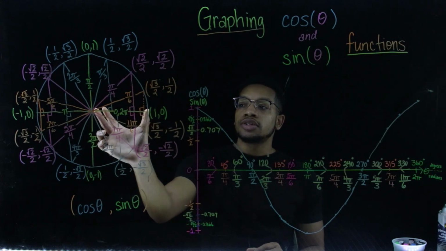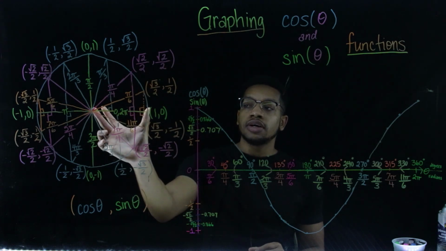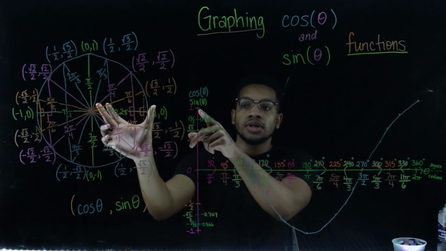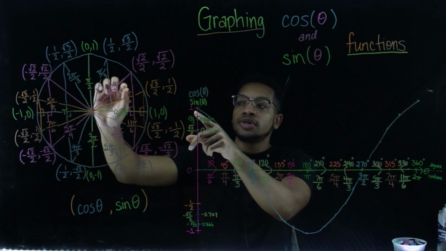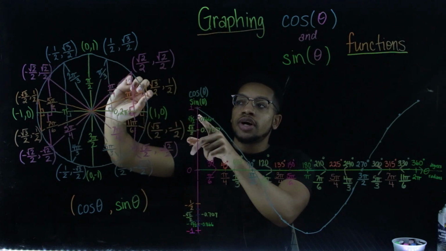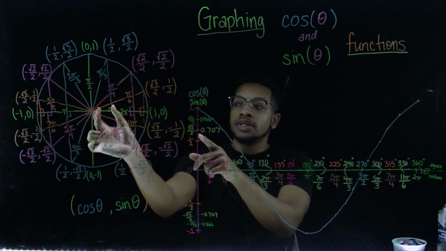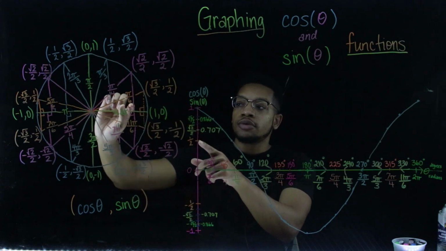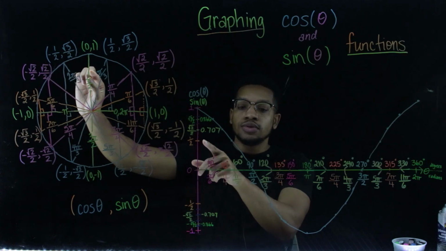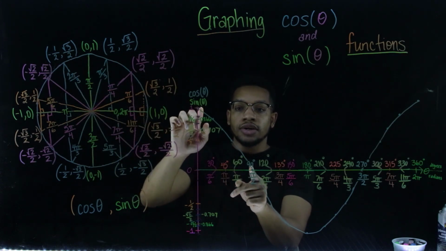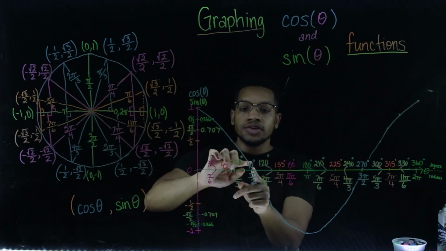So to start, your x value is already as far as it's going to get, which is 1. And then as theta gets bigger, in the first quadrant, your x coordinate gets smaller. Your x coordinate is decreasing. So from 0 to pi over 2, that's why our graph is decreasing.